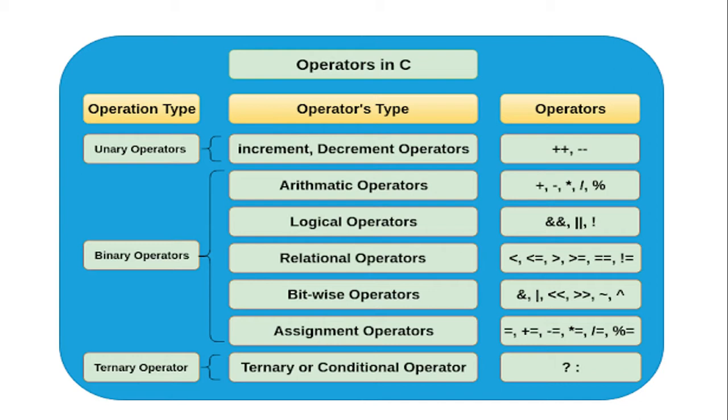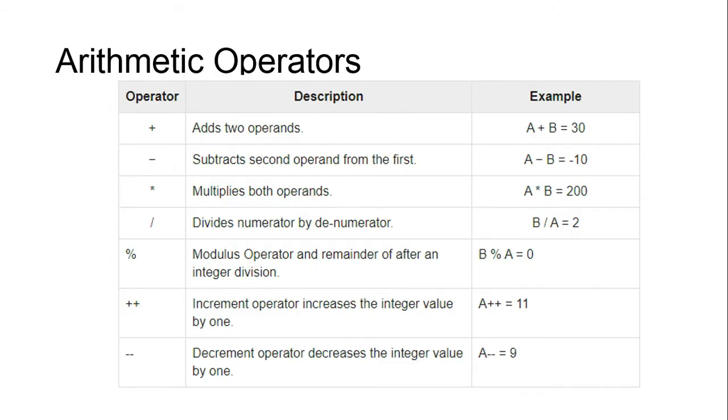And we are going to see the first one, the arithmetic operators. The symbols used are plus, minus, star, slash, percentage, and plus plus and minus minus. So these are the arithmetic operator functions. This is an example: a plus b equal to 30.